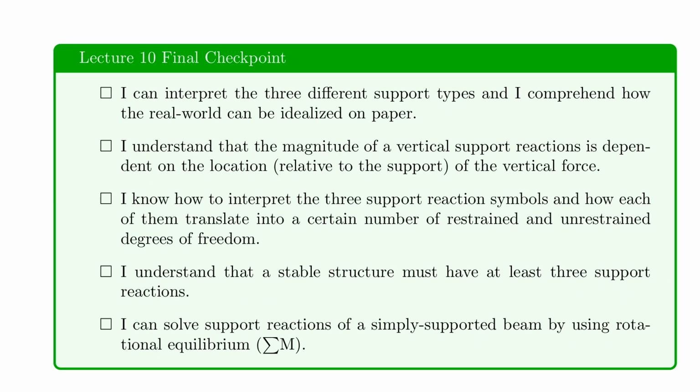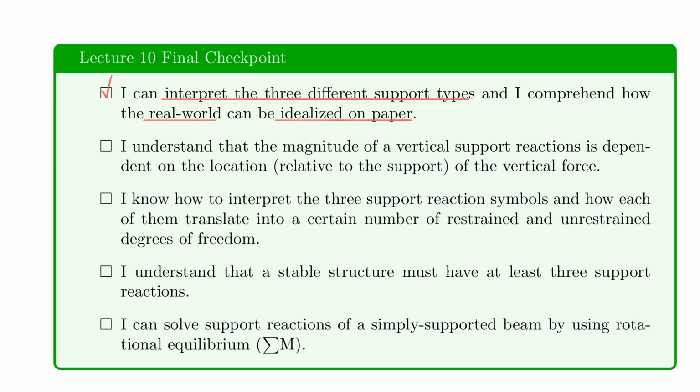And let's agree that we understand how to interpret the 3 different support types. I showed you pictures that help you to really take it from the real world to an idealized paper version. And we can definitely check that off now. And the next thing we talked about was reflected in the little experiment that we did virtually here, because we didn't have a classroom today, but we had a student walking over the beam.